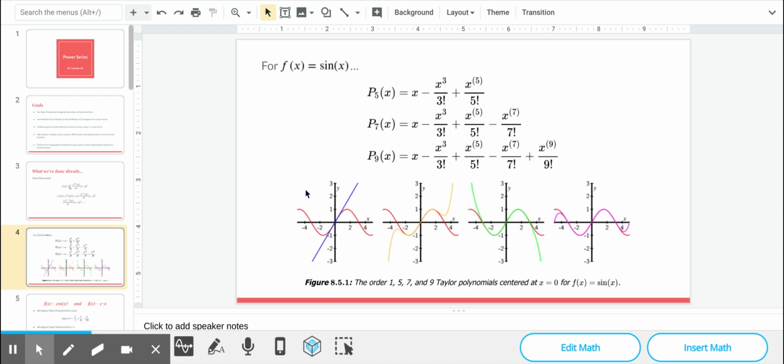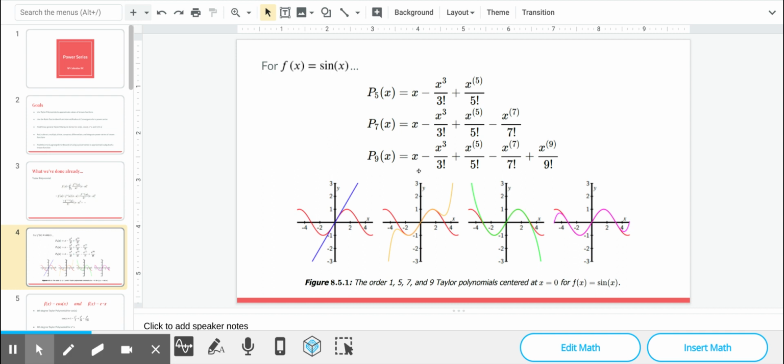And so this is what it looked like, right? I don't think we went all the way to the 9th degree, but I believe we used a 5th degree Taylor polynomial. This is what the 7th and the 9th degree Taylor polynomials for sine of x look like. If you carried out the derivatives to the 9th derivative, to the 7th derivative, and put it all together, this is what those polynomials would look like.